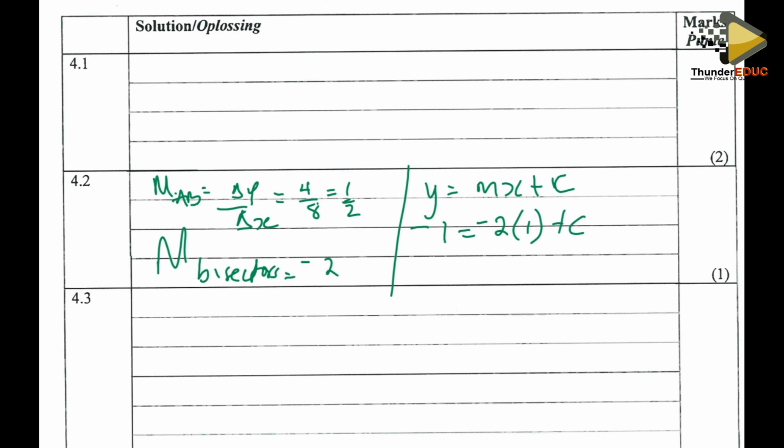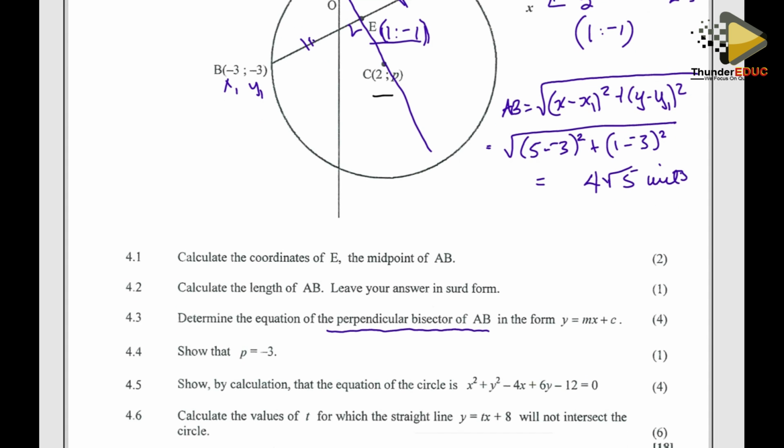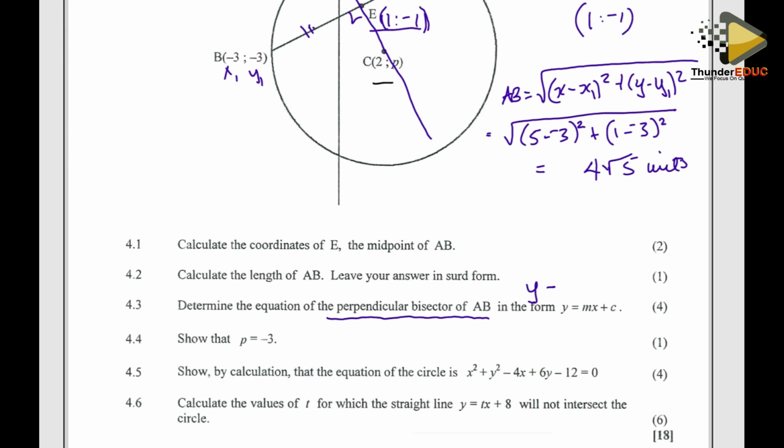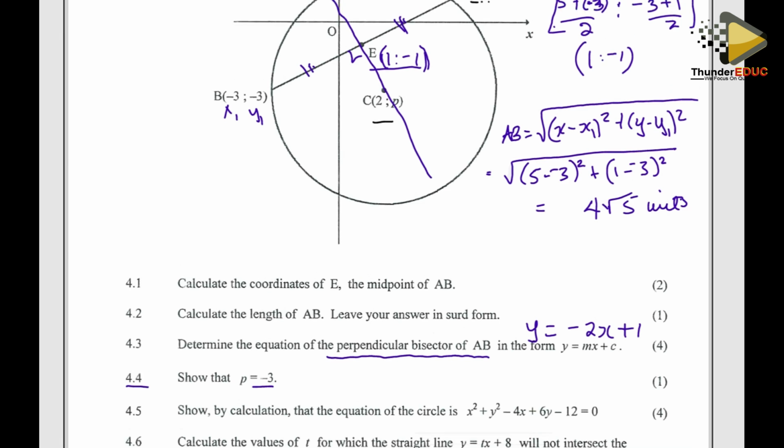When I move that side, I'm going to get a 1 as my c, which means the equation is going to be -2x plus 1. Does that make sense? Yeah, it does. Okay, so that is the equation. We said y is equal to -2x plus 1. And then 4.4, they want us to show that p is -3.